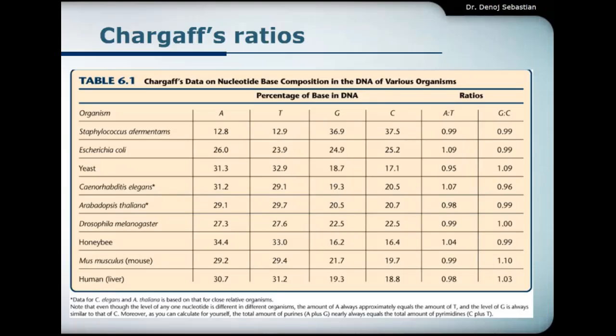So especially we'll say that it is GC content. Because if we state GC content, then the remaining portion will be shared by the AT. So out of the 100 percentage, you have to mention only GC content. So the GC content of a particular organism or a particular species will have some particular range.